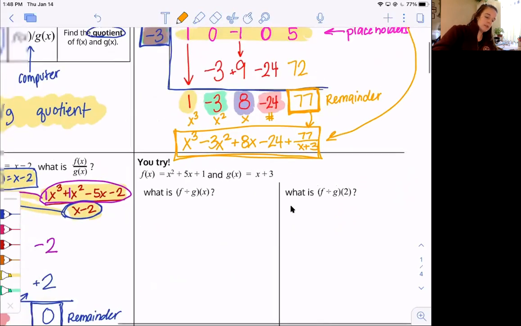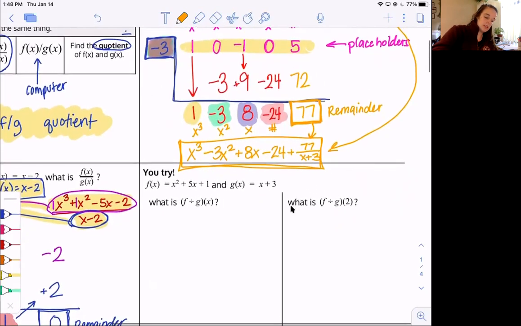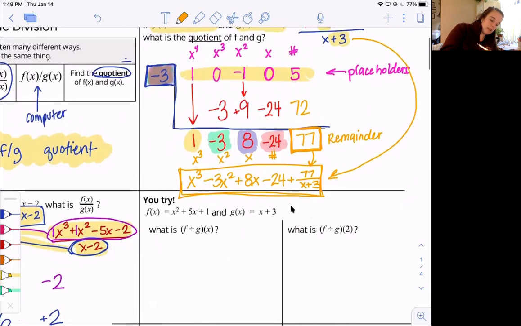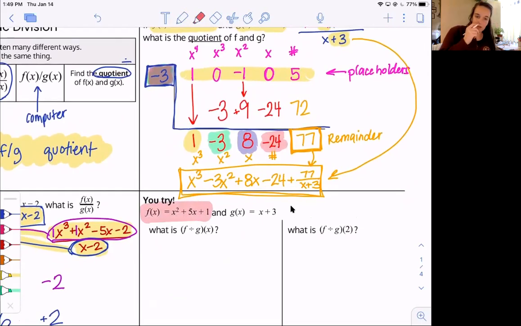So I'm going to leave this one up on the screen just in case you need it, but I want you to try this one in your notes. So f of x equals x squared plus 5x plus 1, and g of x equals x plus 3. So you're going to do f divided by g. So we're going to do x squared plus 5x plus 1 over x plus 3.